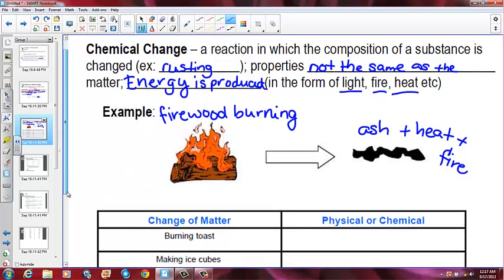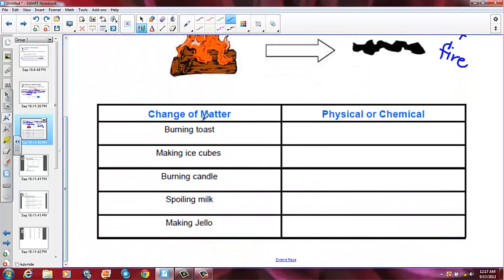Okay, so let's look at some examples here. We have change of matter, burning toast. Would that be a physical or a chemical change? Well, we have to think. Burning, we looked at this example up here. Okay, and when you burn toast, you end up with that ashy stuff on your burnt toast. All right, so that is going to be a chemical change.